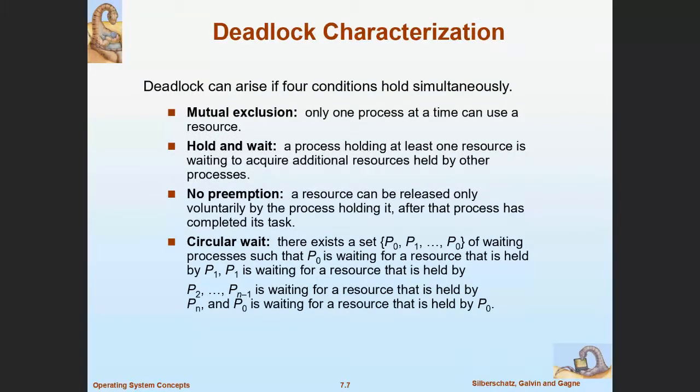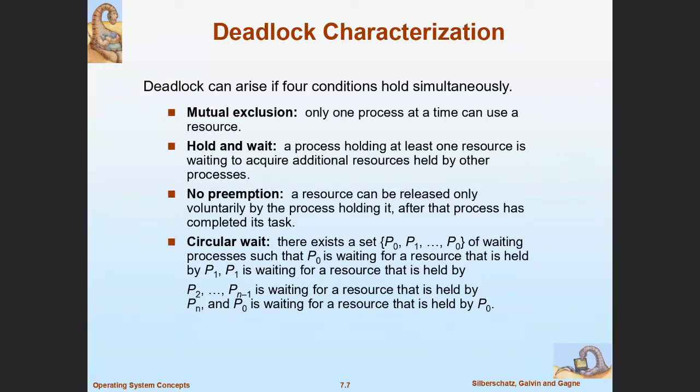What are the conditions for the deadlock? So we have four conditions which are necessary to make a deadlock. We have to have mutual exclusion. So only one process at a time can use one resource. Hold and wait.